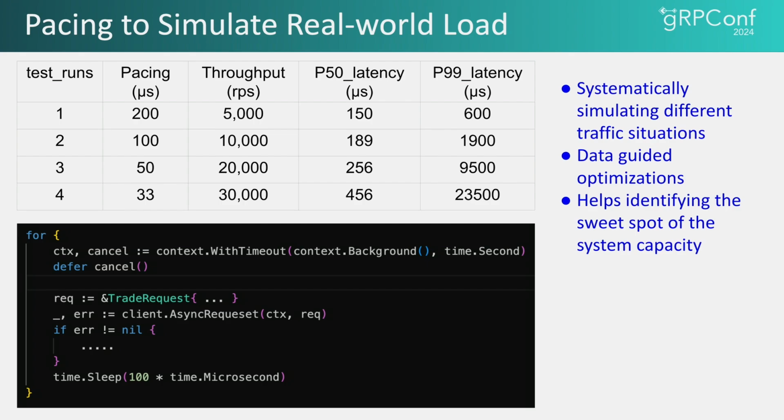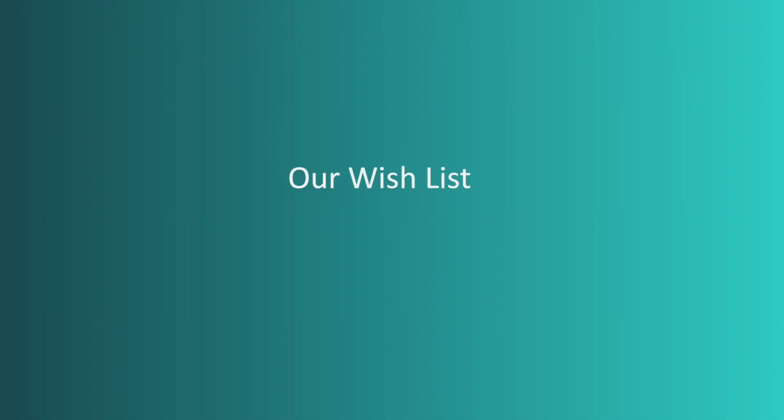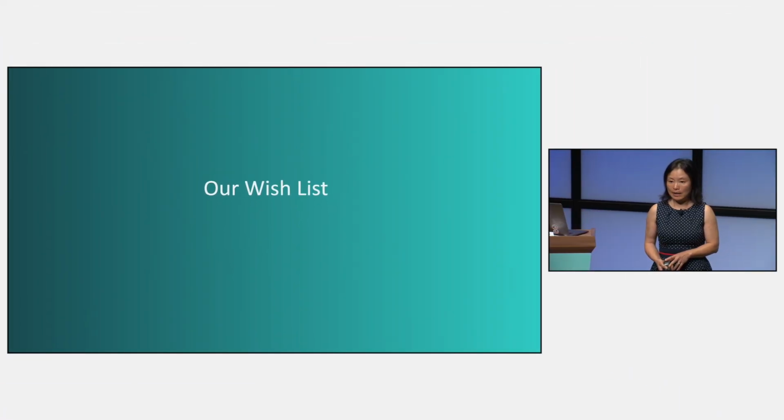This enabled us to focus on observing how average and tail latency responded under varying conditions. And by combining the analysis of test data and detailed system profiling, we were able to identify areas for improvement and effectively optimize our system using empirical data. This concluded sharing of our enhancement work to improve the trading system performance using gRPC.